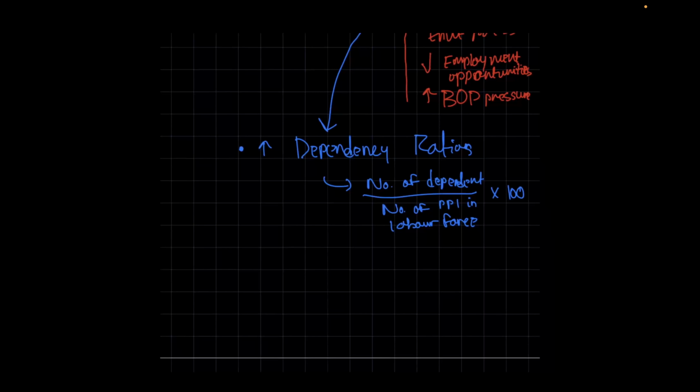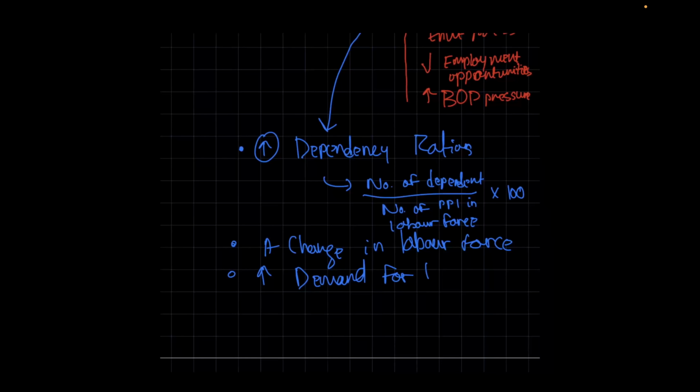So when you have an aging population, you have a rise in the dependency ratio. This basically means for every single working person now, you will need to take care of many more dependent people. And this could be harmful to the economy. And then you have a change in your labor force. Since you don't have a very young labor force when the population is in decline, you're going to have less productivity, etc. You can have more demand for healthcare.